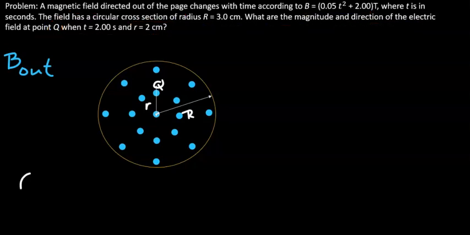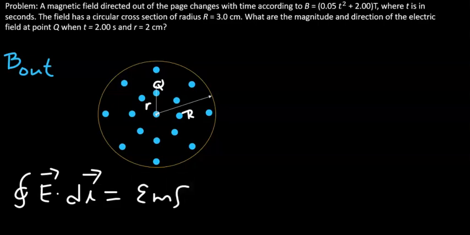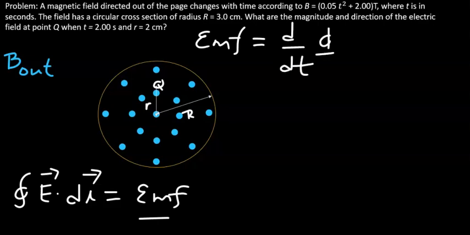Obviously, we need to figure out the electric field from the equation that we have just discussed a few minutes ago, namely that equation. So let's just determine the right-hand side of this equation to begin with. So EMF can be determined from Faraday's law, and it's given by the negative of d/dt of the magnetic flux. Let's first determine the magnitude of the EMF.